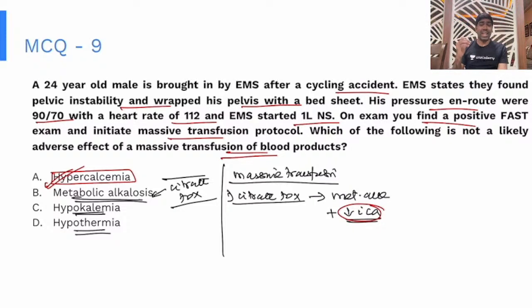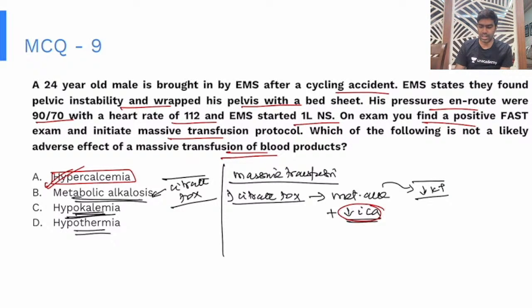The free calcium is the one that's metabolically active, and that is the one that's going to be reduced in patients with citrate toxicity. This metabolic alkalosis can trigger hypokalemia also, because significant alkalosis has a hypokalemic effect: alkalosis can push the extracellular potassium into the ICF. So movement of potassium will occur from ECF to ICF.